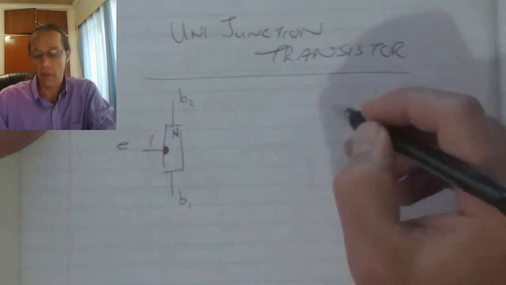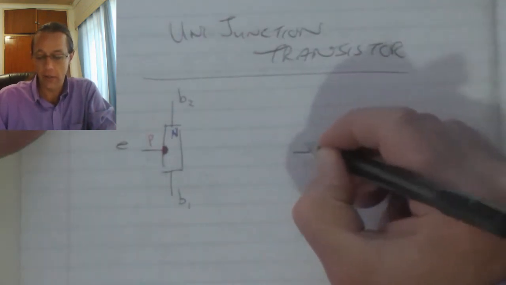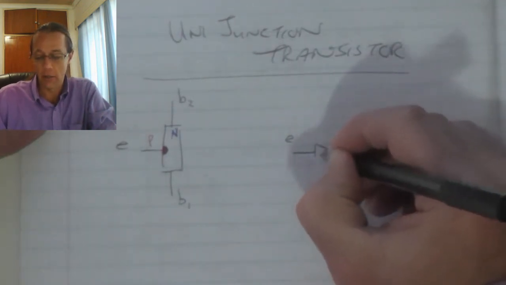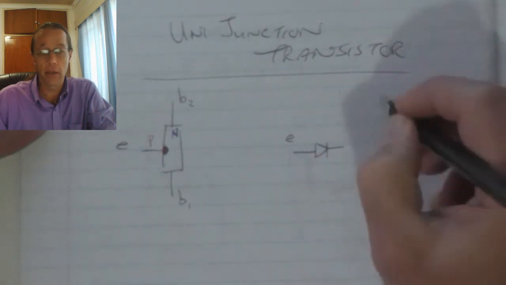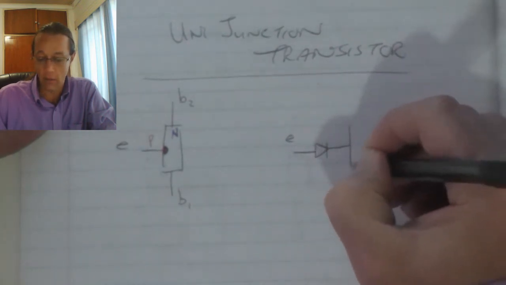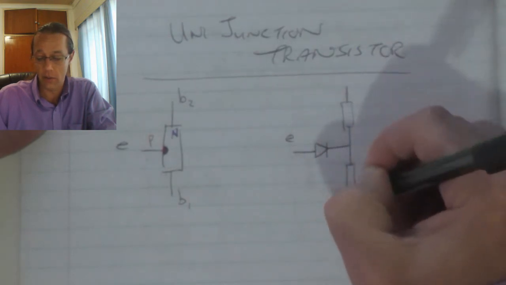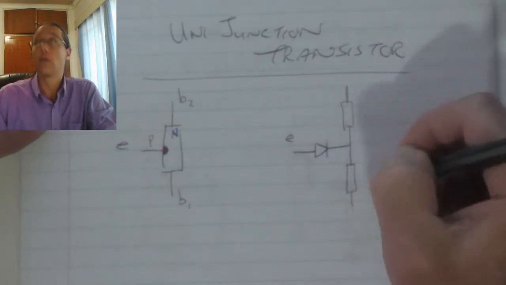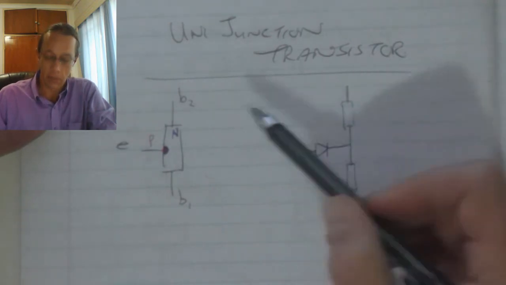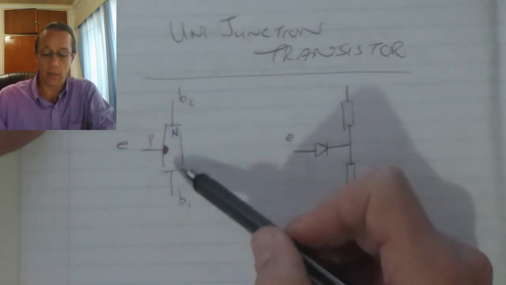Now if we break down the construction, we realize that technically, if that's our emitter, that connects to a diode, and then we will have two resistances that make up the main conduction N-type channel.